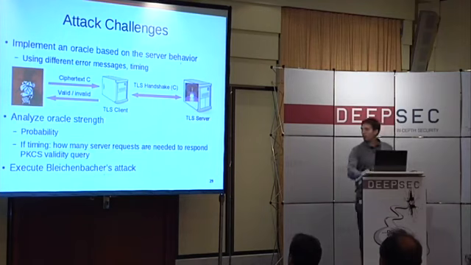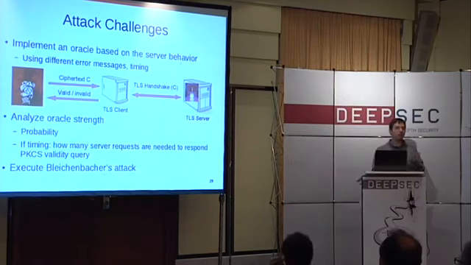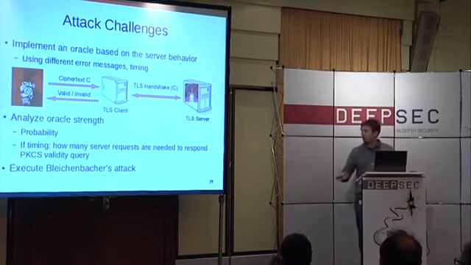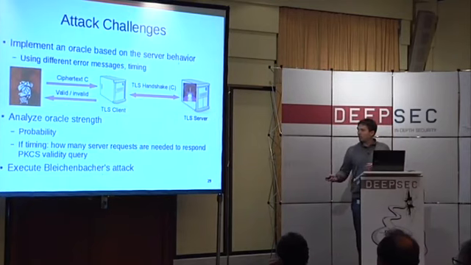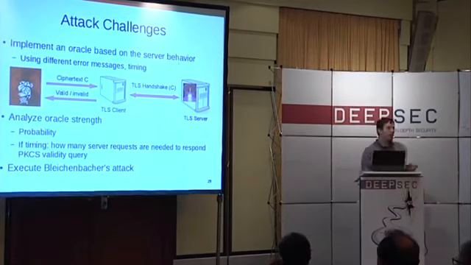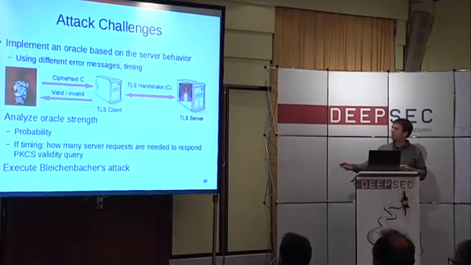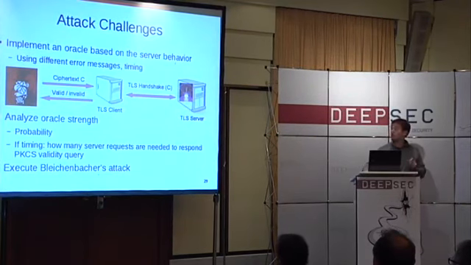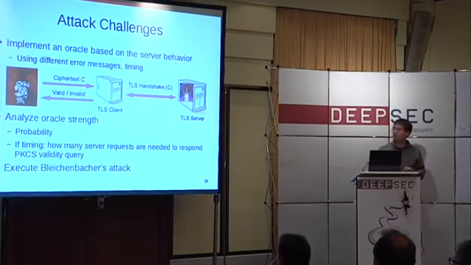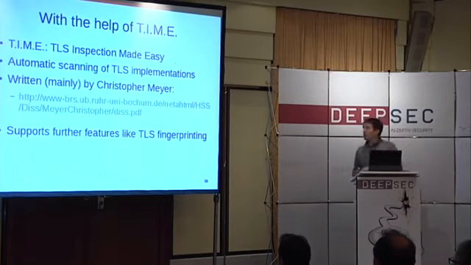Okay, so our goal is to analyze the Oracle strength. If there are some differences in the server behavior based on the message validity, we analyze the probability and the Oracle strength. And if there is a timing side channel, how many server requests do we need to distinguish valid from invalid plaintext, ciphertext, and then execute Bleichenbacher's attack.